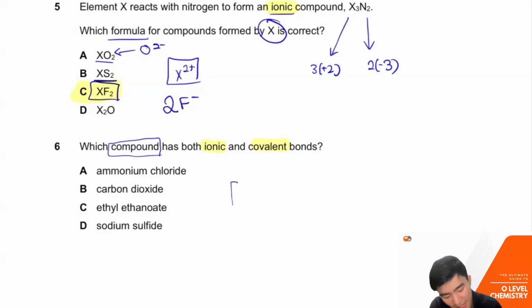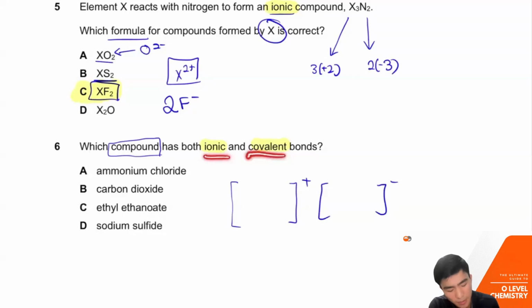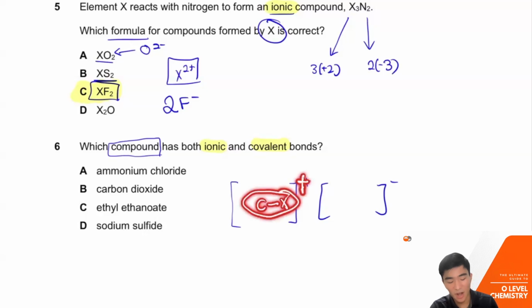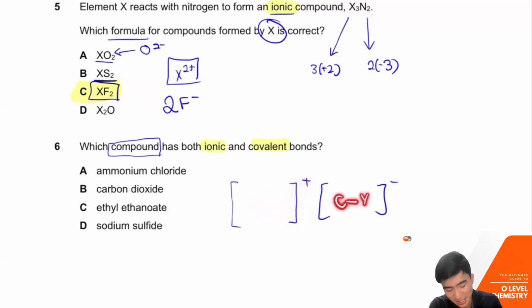If I have a positive ion and a negative ion, because I need one ionic and one covalent, one of the ions must have a bond that is being formed, and the overall charge of this is plus, or it can be overall charge is minus. I'm just writing random ions so that you can see.